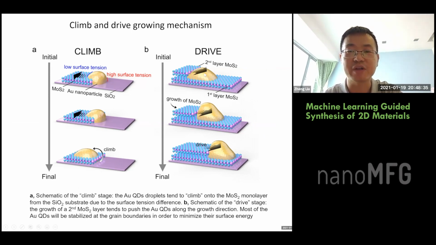However, for few layers it is a bit higher, which results in the picture that for monolayer molybdenum sulfide, the gold drop will climb onto the molybdenum sulfide. On the other hand, once we grow 2 layers, 3 layers, the molybdenum sulfide will push the gold to the edge, until the molybdenum sulfide merges and forms a grain boundary.